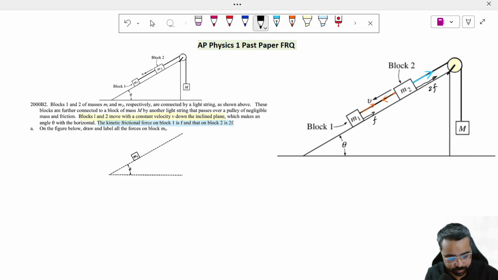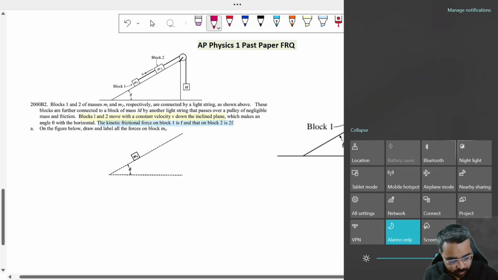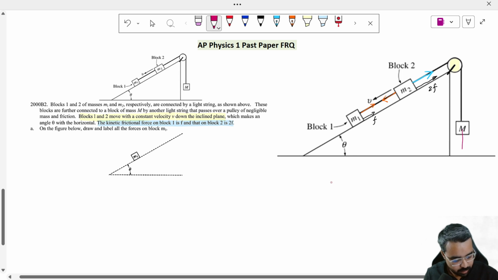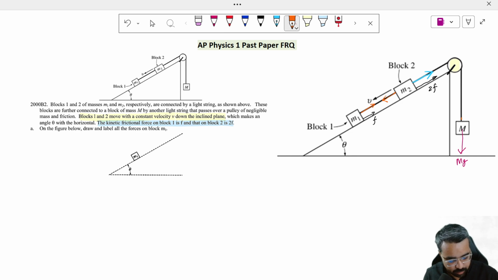This has weight mg, whereas this is the force of tension. And don't forget about the normal forces exerted on M1 and M2. So these are all the forces exerted, plus the weights of these blocks.